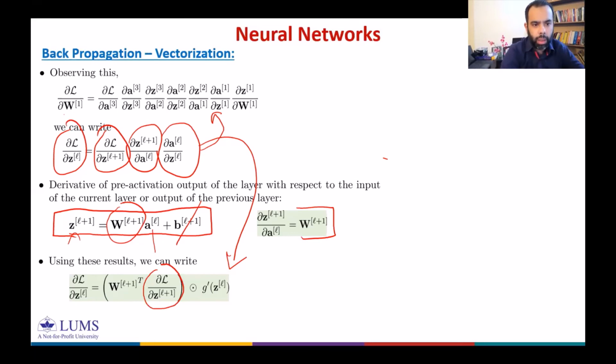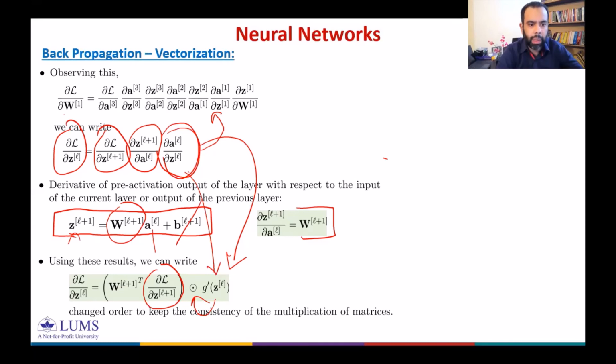And we know that the derivative of A with respect to Z is simply given by the derivative of the sigmoid function, or the derivative of the activation function. We are again using the element-wise product here, and I have changed the order to keep the multiplication of matrices consistent.